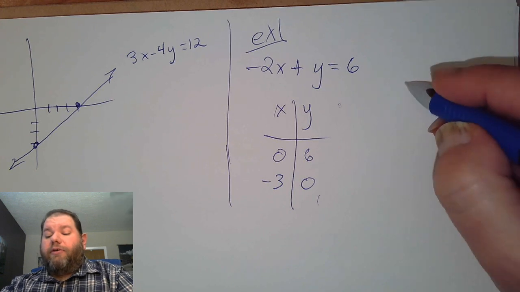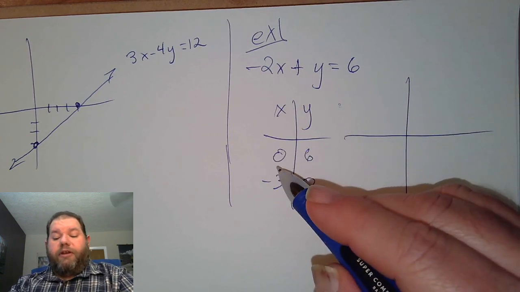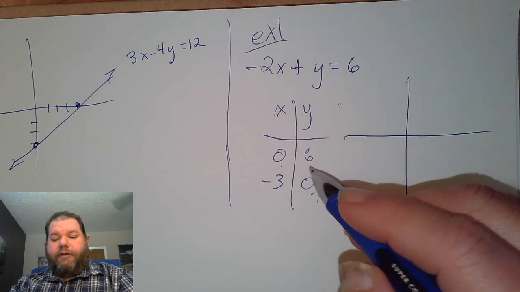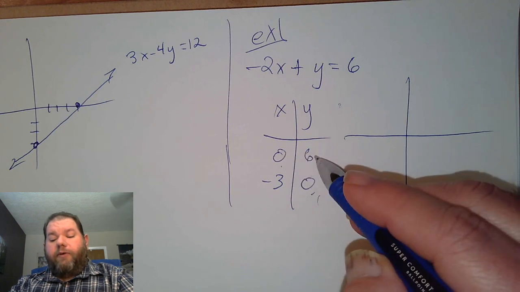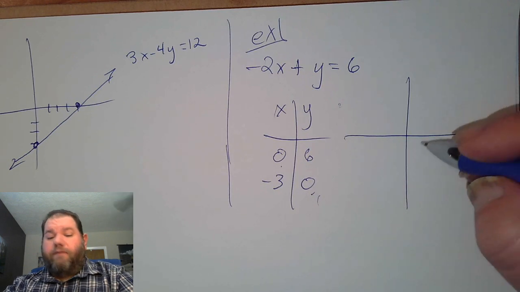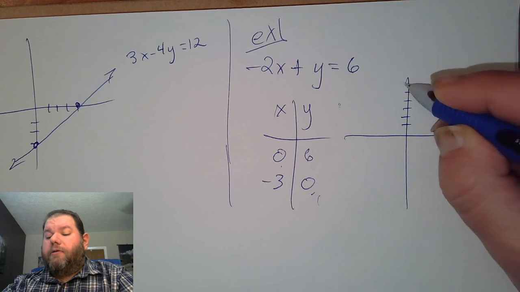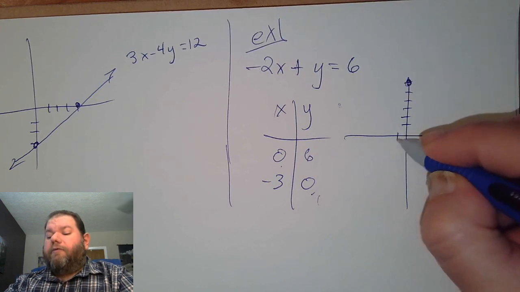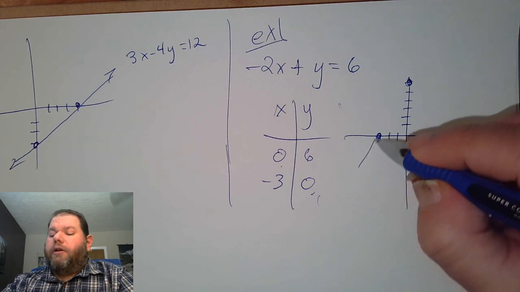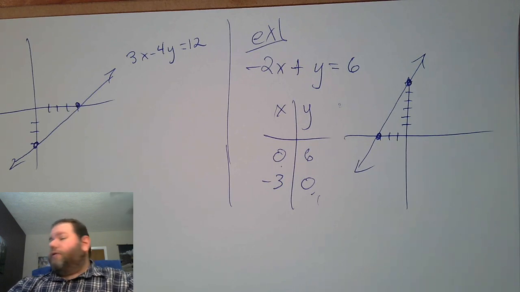So that's another way that we could graph by finding the intercepts. We know the intercepts occur when either one variable or the other is 0. So we can set up a t-chart like that, where we let x equal 0 and find y, let y equal 0 and find x, and this gives us a pair of ordered points: (0, 6), which is 6 up, and (negative 3, 0), which is 3 to the left of the origin. And again, just draw our line, and that's the sketch of our graph.